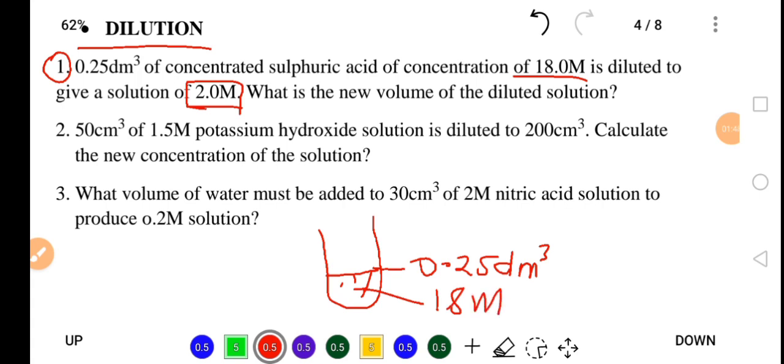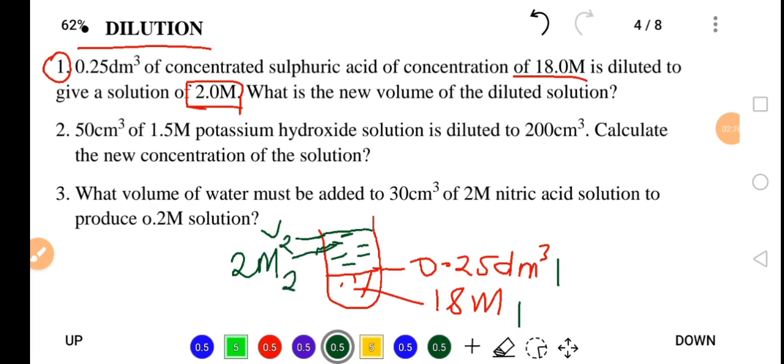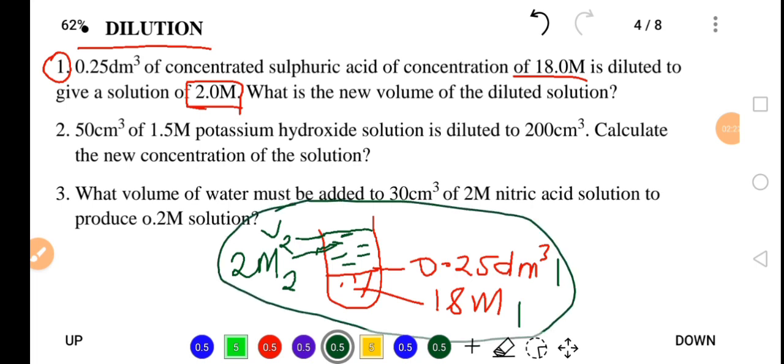Now, we are diluting, we are adding more water so that we can have the concentration which is going to be 2 molar. Now, what will be the volume here? That's a question, meaning the volume is not known. So we are going to have concentration 1, volume 1, concentration 2, volume 2. This is the thinking, my dear learners. This is what I was demonstrating in my video on the practical side.